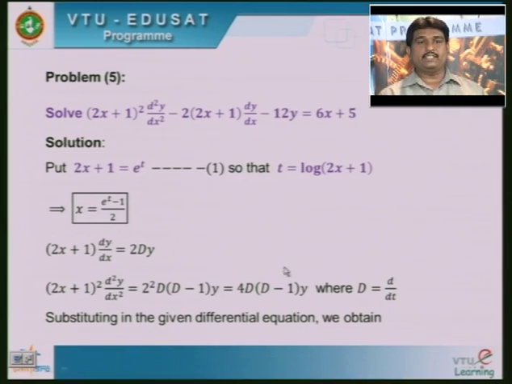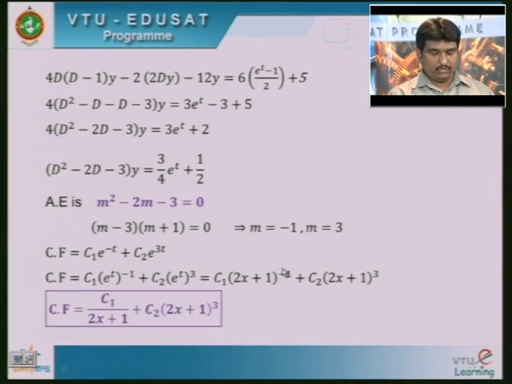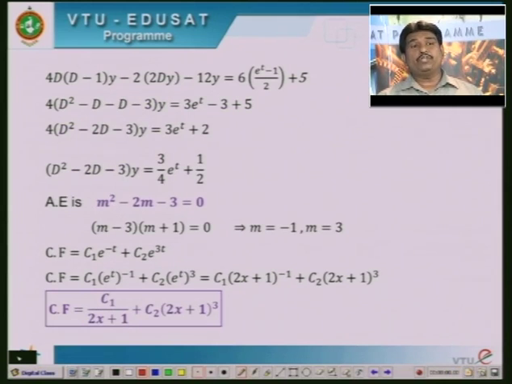If you substitute all these in the given differential equation, we get 4D(D−1)y − 2 times 2Dy − 12y = 6x plus 5, where the x part is (e^t − 1)/2.